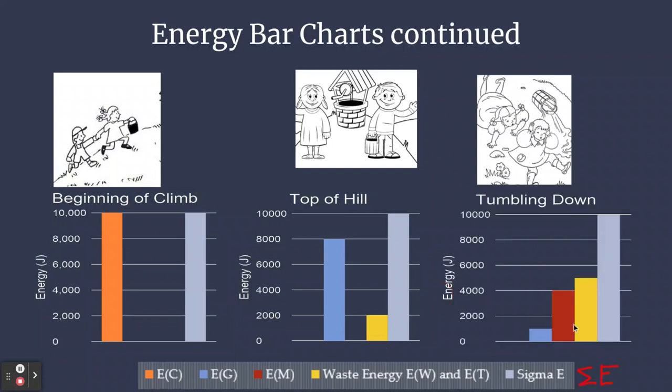And then as they tumble down, we have that kinetic mechanical motion energy, as well as, still, they're on their way down. They haven't gotten down to the bottom. So we have potential and gravitational energy, and we have a lot of that waste energy as well. Because, eventually once they get to the bottom, they're not just going to continue rolling on forever.